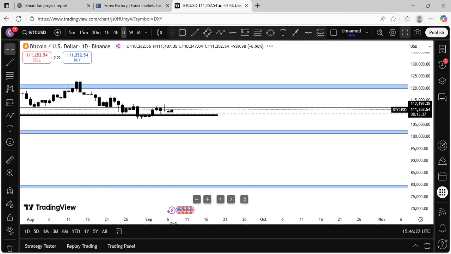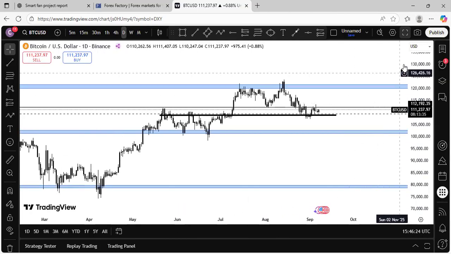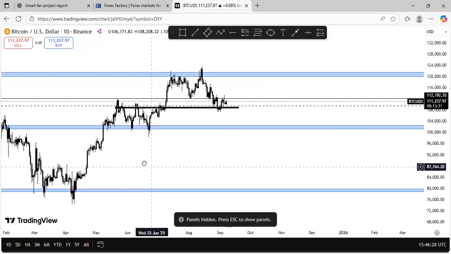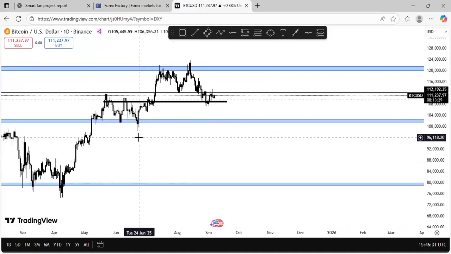On the daily time frame, overall, please don't forget, BTC is on an uptrend. On the monthly time frame and the weekly time frame, still an uptrend.